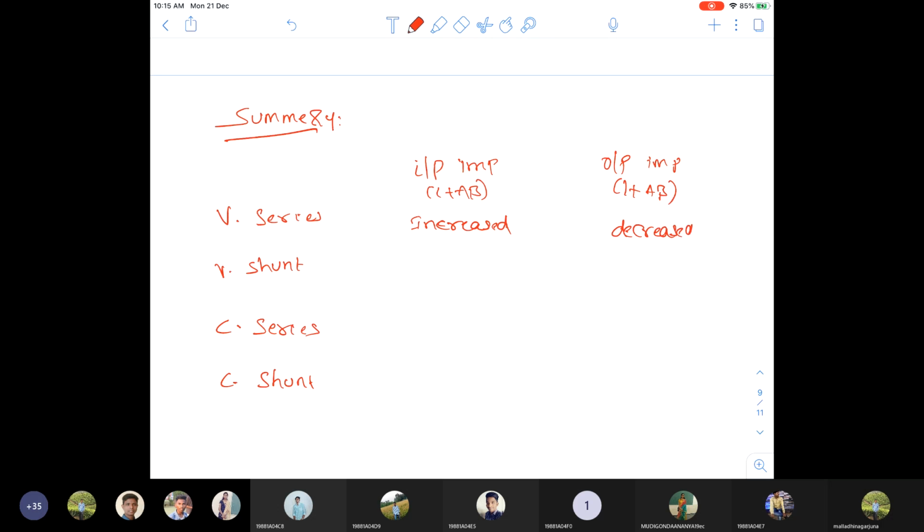Okay. Voltage shunt, input impedance? Decreases. Okay. Output, voltage shunt output impedance.